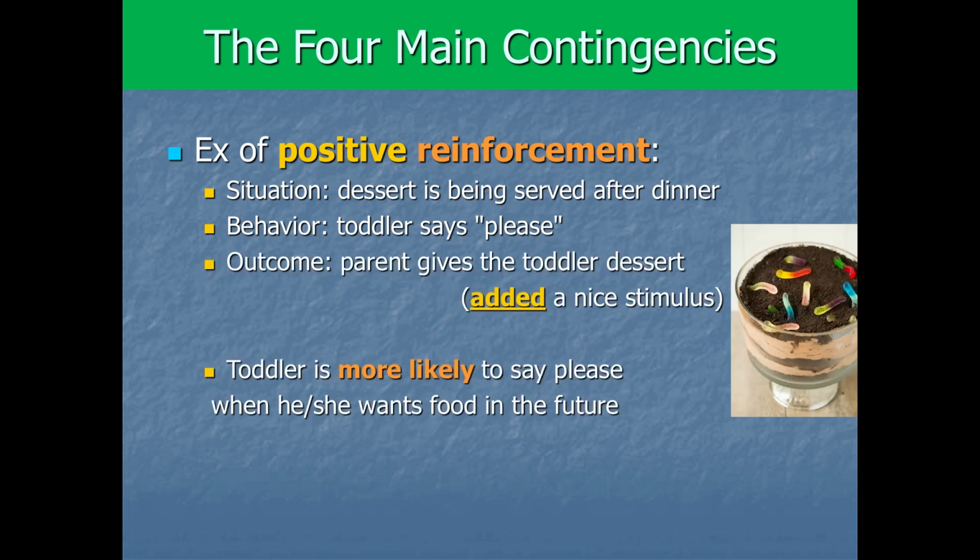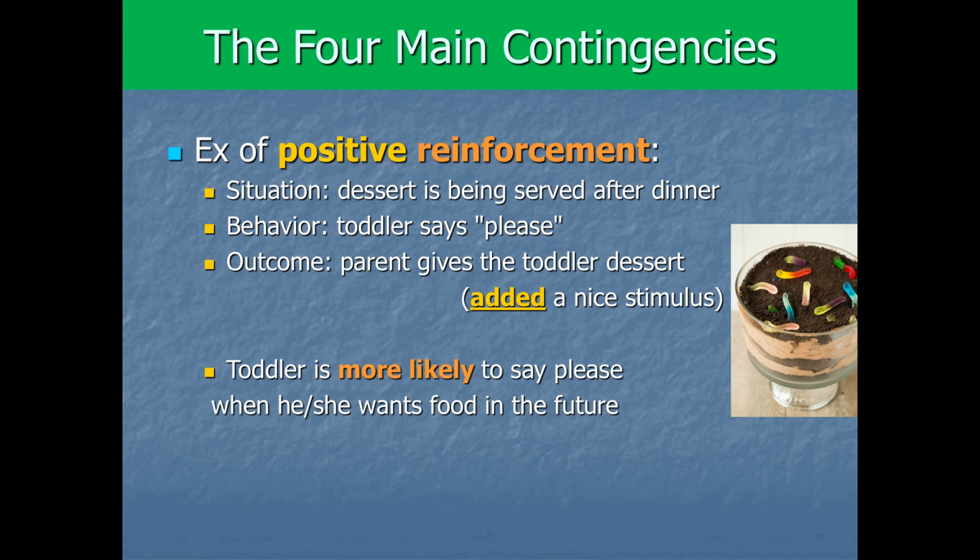So the outcome they're going to set up is when the toddler does this behavior, the stimulus that the toddler gets is dessert. So when the toddler does this behavior, the parent gives the toddler dessert. We have added a nice stimulus as a result of the behavior. And if we set up a contingency like this, especially if it happens consistently over time, the toddler will become more likely to say please when he or she wants food in the future. That would be positive reinforcement.